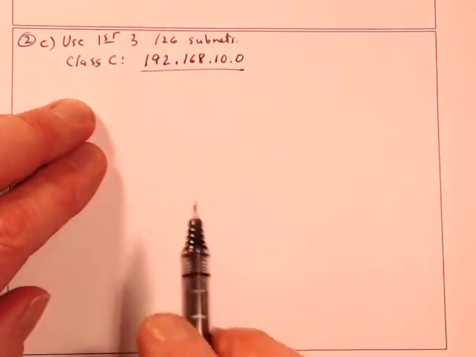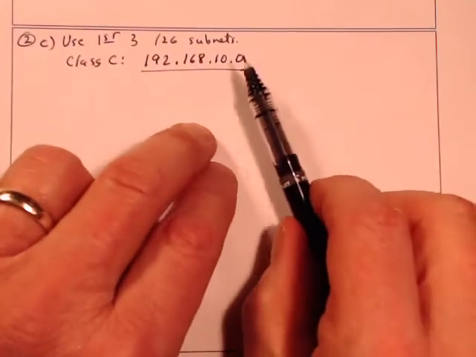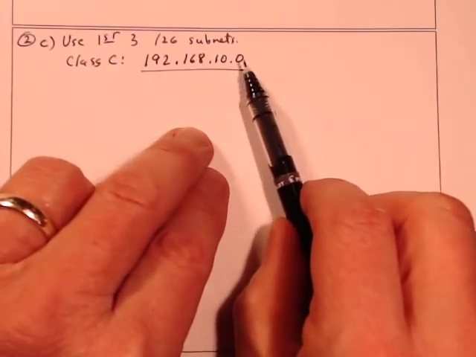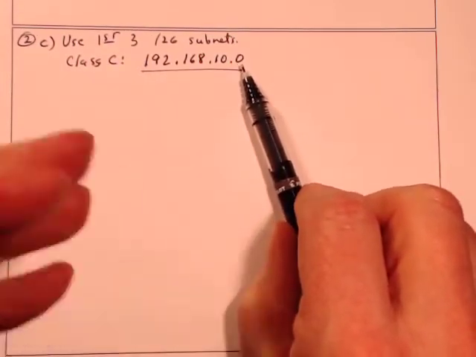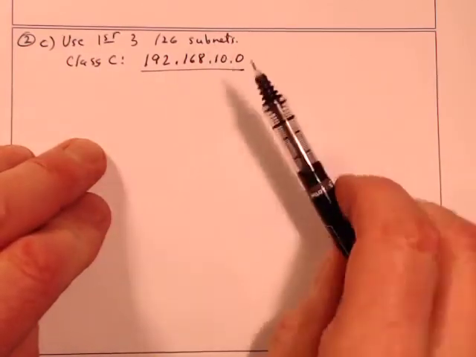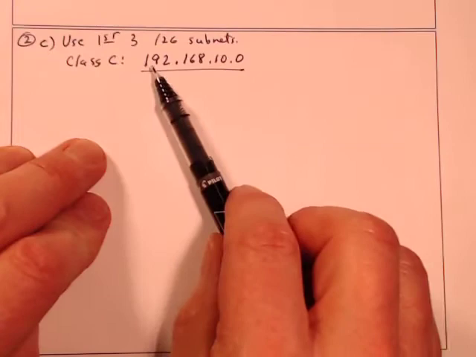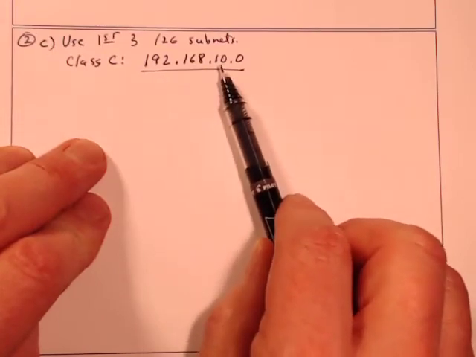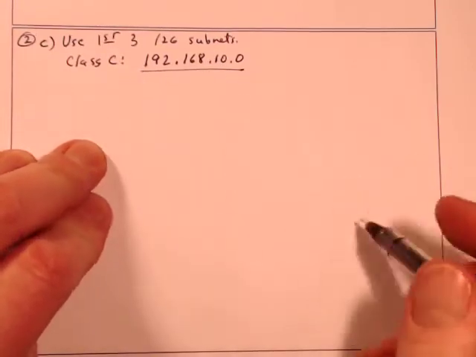That's where we started, and basically what we're doing is we're using that last octet as host addresses, and so all of our IP addresses are going to start with 192.168.10, and they're going to vary after that.